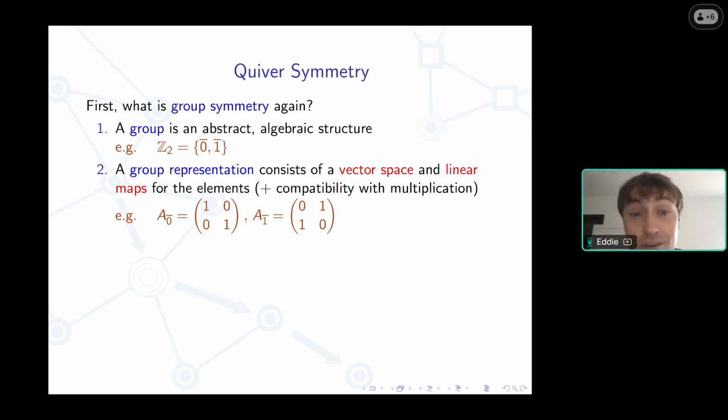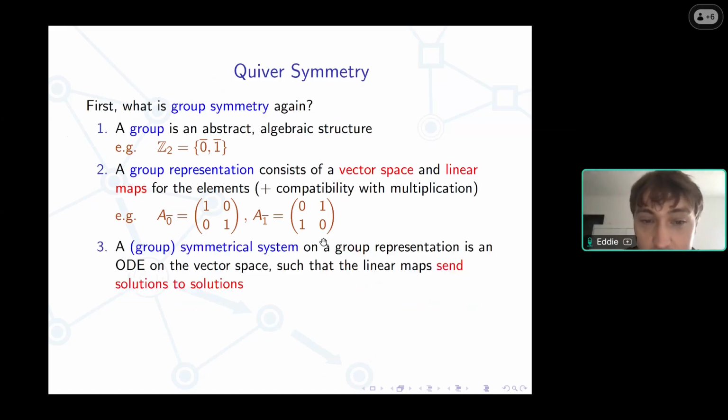So a linear group representation would just be a vector space, in this case R2, and two of these linear maps. Then the third ingredient to a group symmetric system with linear representation is, given a group representation, a choice of an ODE on your vector space, such that all these linear maps send solutions to solutions.